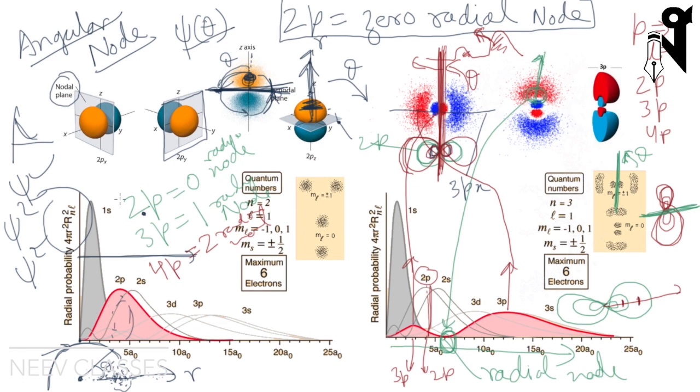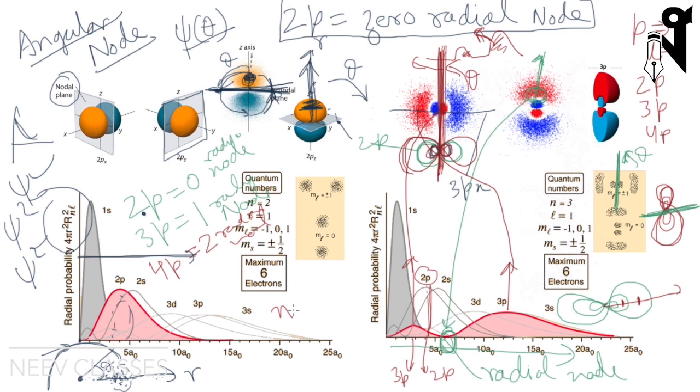So can you connect this n and l? N is the shell number and L is the type of shell. So your L is 1, N is going up by 1, and radial node is also going up by 1. So N is directly linked to the number of radial nodes.